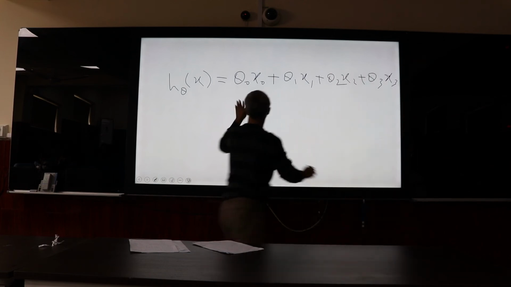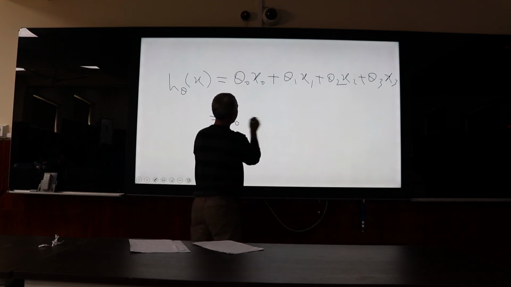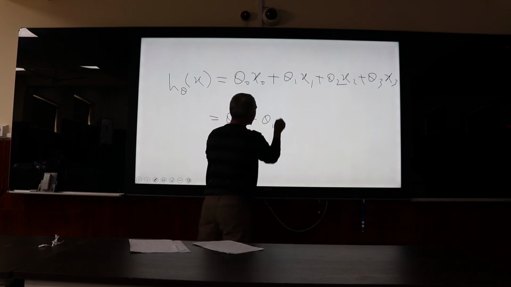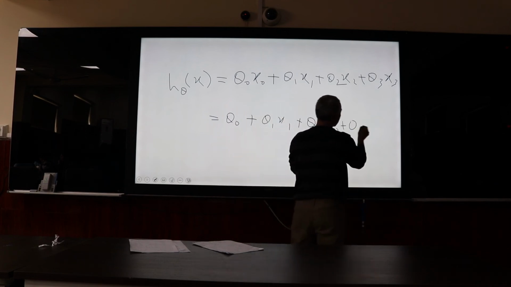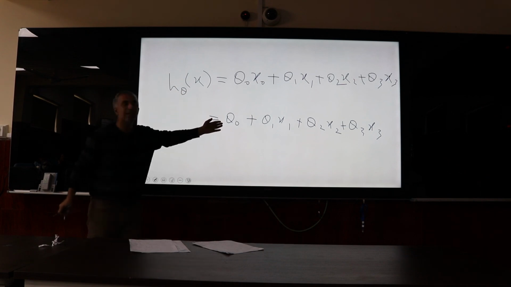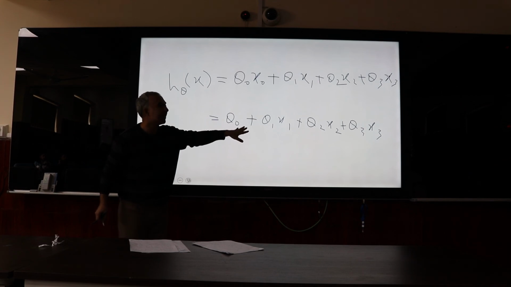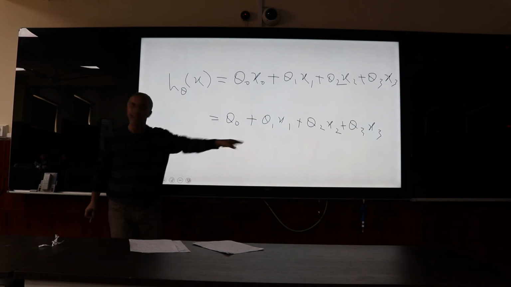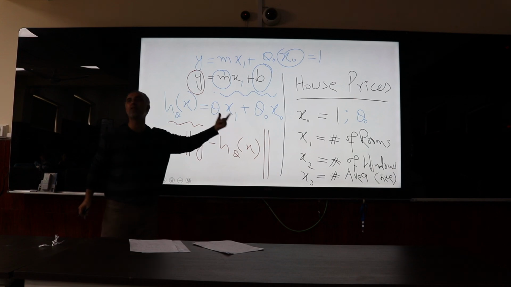Remember, you can also write theta naught plus theta 1 x1 plus theta 2 x2 plus theta 3 x3. I ignored x naught because it is equivalent to 1. So this is again the equation of a line.